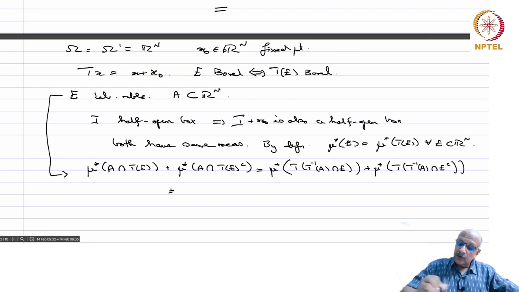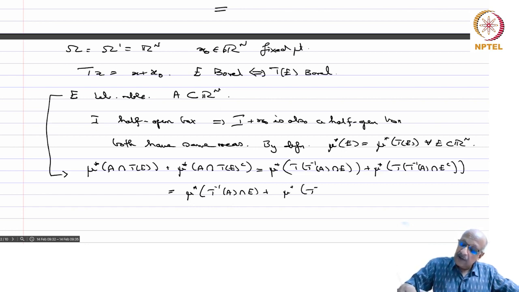That's equal to, now mu star of T of anything is the same as the original mu star, so T inverse of A intersection E plus mu star of T inverse of A intersection E complement.